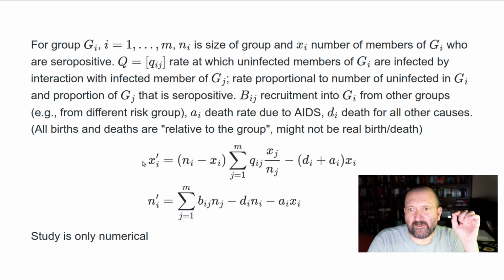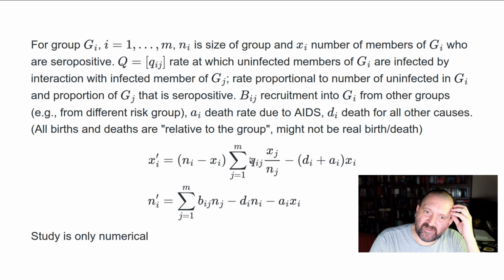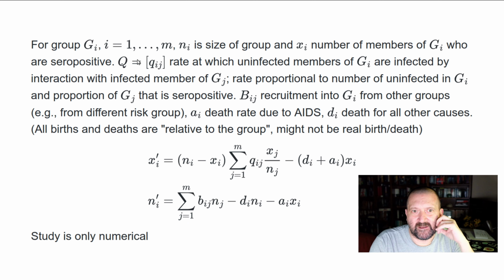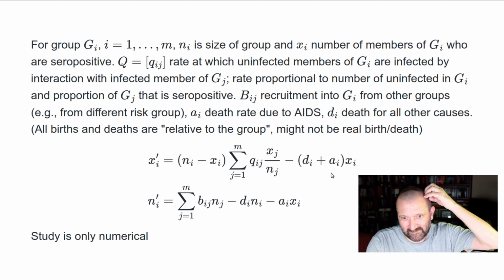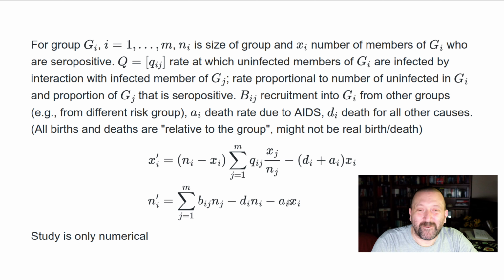So it is written in terms of the number of people that are infected, so seropositive, and the size of the groups. Okay, and you can see that this is an interesting contact term. So Q_ij is the rate at which uninfected members of J are infected by infected members of I. So from I to J. It's funny, I did not know this model.